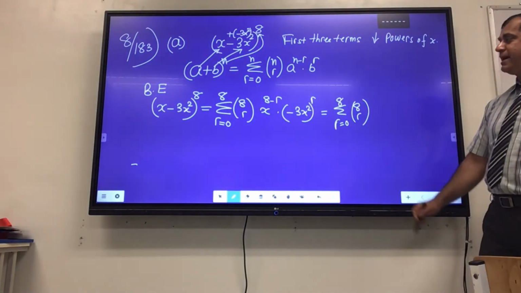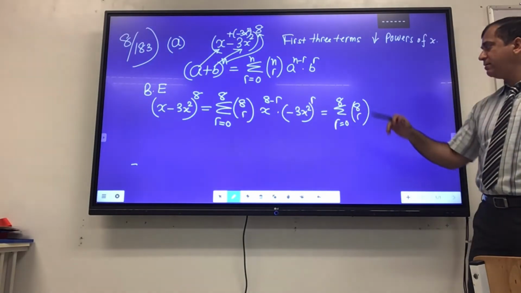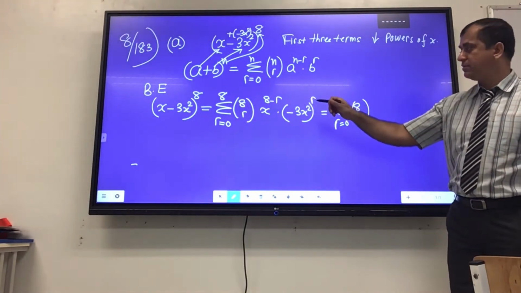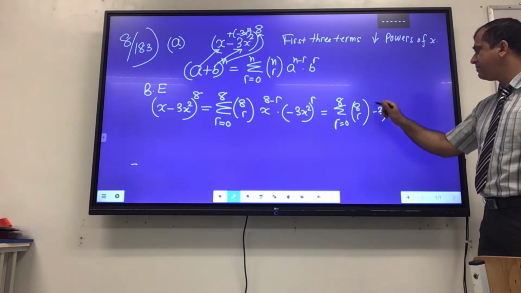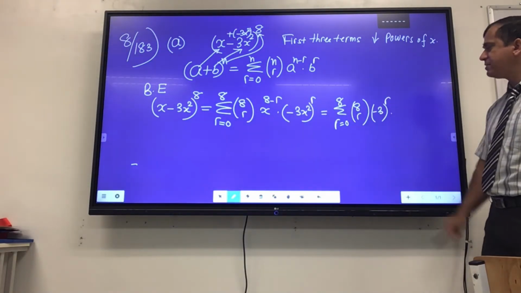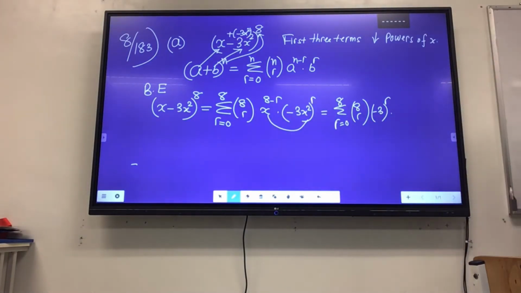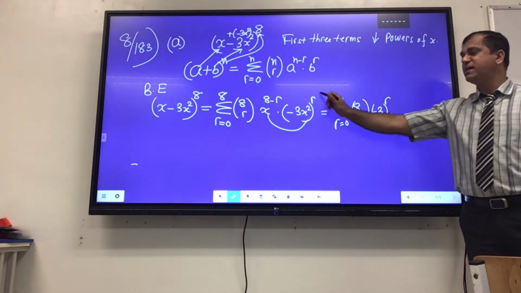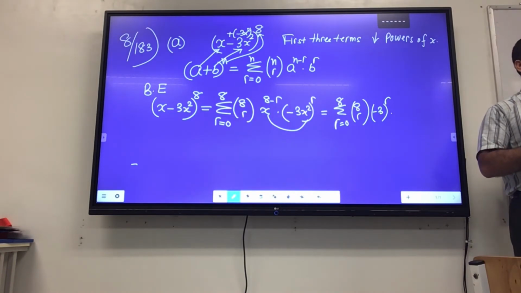I want to combine the x terms together and the constant on the separate side. So negative 3 power r is a constant term. I make it separate, times the x terms combined over here: x power 8 minus r into x power 2r. When x variables are multiplied, their exponents get added.